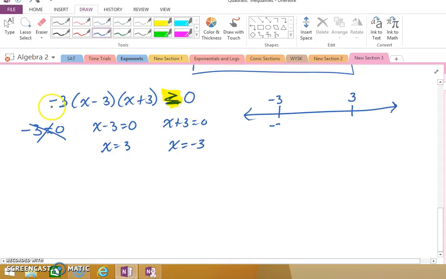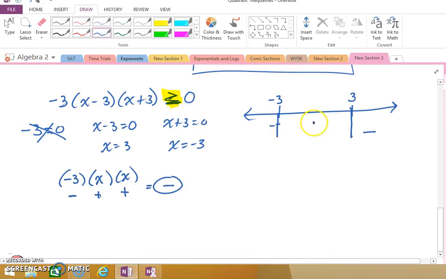Let's see what we've got. We've got negative 3, which is a constant, and an x and an x. So we're looking at negative, positive, positive. Negative times a positive is a negative. So on that far right block is a negative, followed by a positive, because every time we cross a line we change signs, followed by a negative.